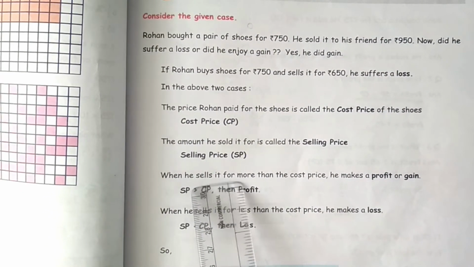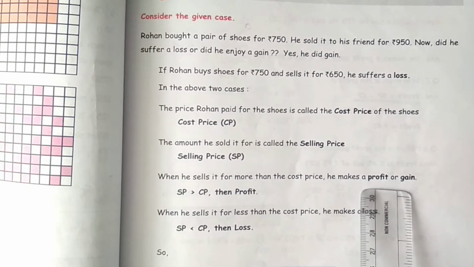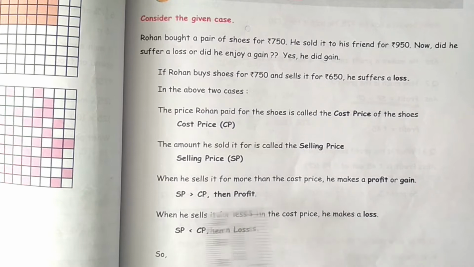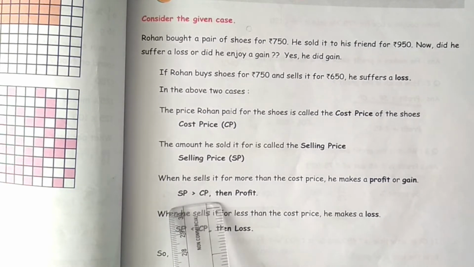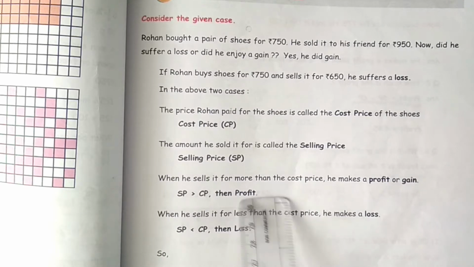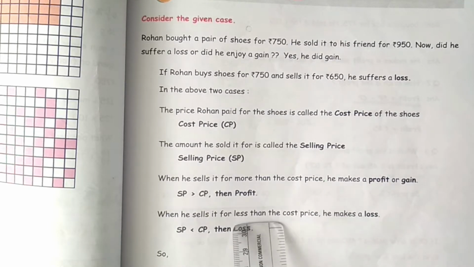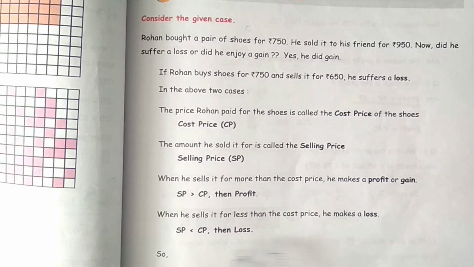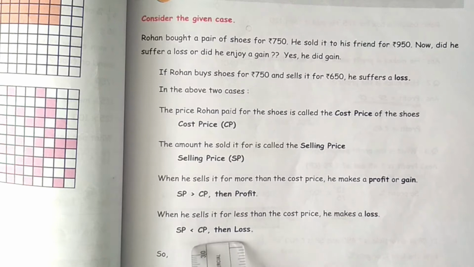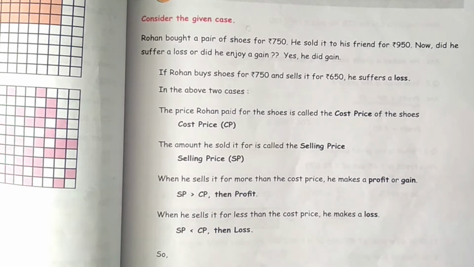When he sells it for more than the cost price, he makes a profit or gain. That means selling price is greater than cost price, then it leads to profit. When he sells it for less than the cost price, he makes a loss. That means selling price is less than the cost price, then it will be loss.